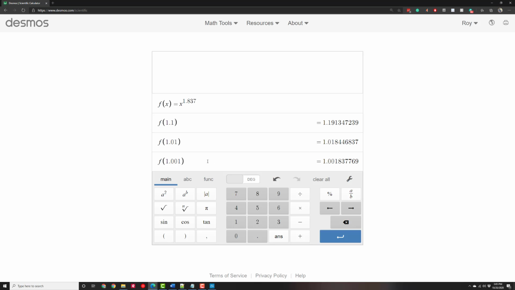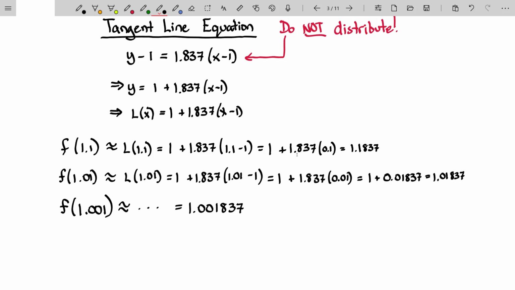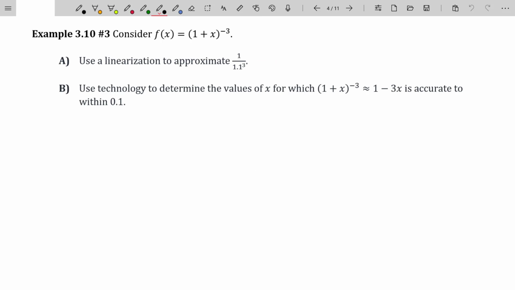And then finally 1.001, we see the true value is 1.001837769. Our value was 1.001837, and then it stopped. So that's pretty decent for a linear approximation. And you can see those values here. So really, really close approximations just using the tangent line.